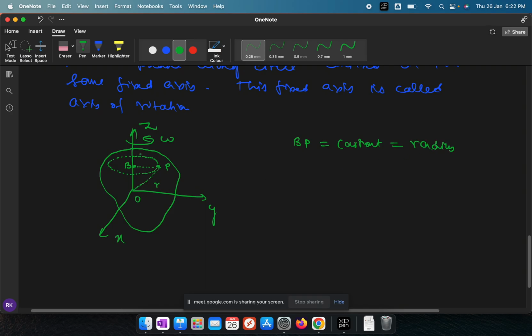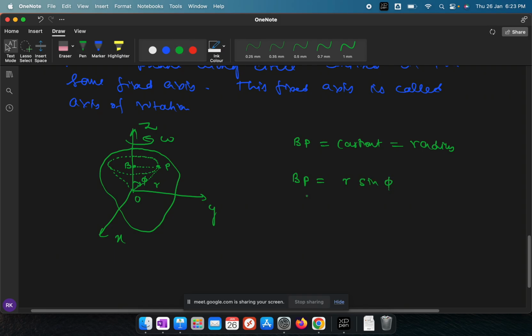Now, if the rigid body is revolving around Z, then at each and every point this angle will remain the same, right? Then I can easily write BP equal to R sine phi.